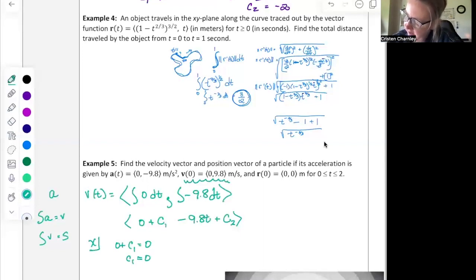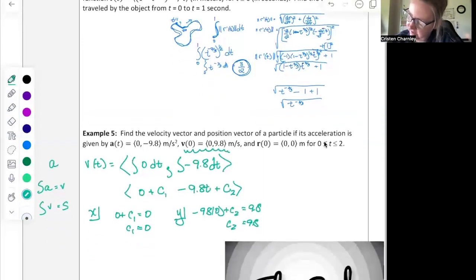For the y component, negative 9.8 times 0 plus c2 is going to be equal to 9.8. So c2 is equal to 9.8. So my velocity vector is going to be 0, negative 9.8t plus 9.8.